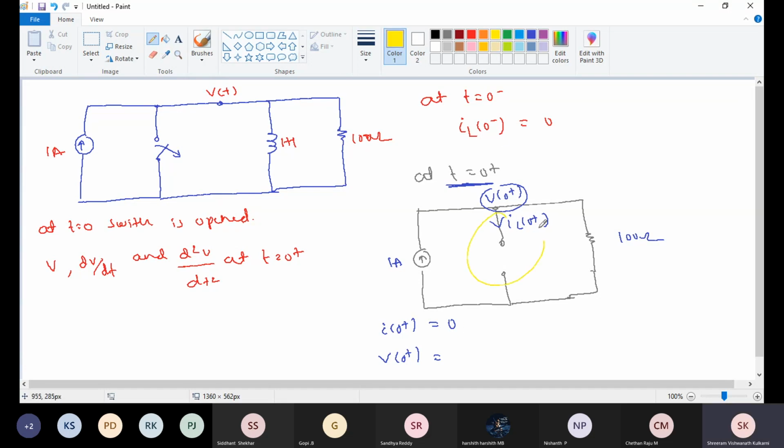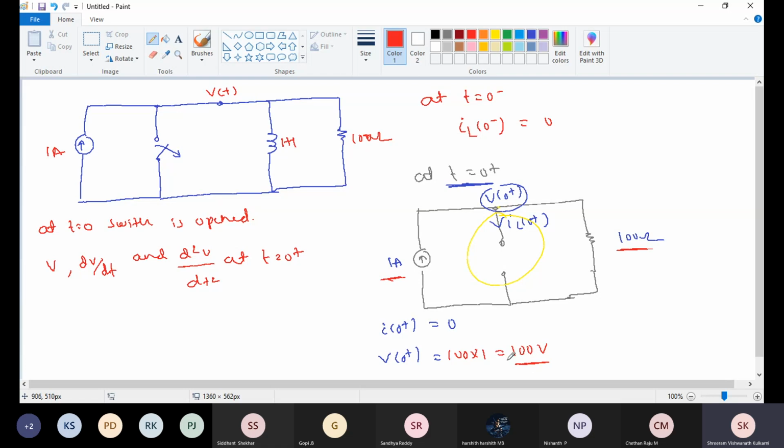This is open circuit, so remove it, meaning don't consider it. What is the voltage at this point, V(0 plus)? It is 100 into 1, that is 100 volt.